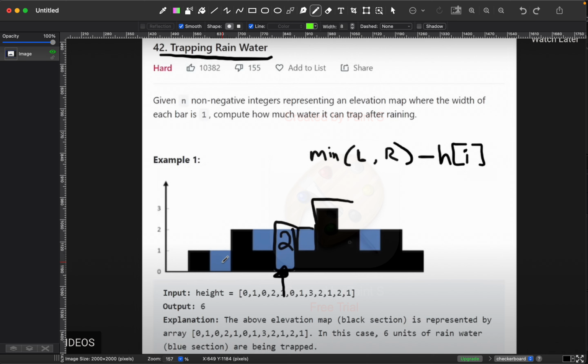For here is because this is smaller than this. For here, this is smaller than this, and it doesn't matter how big this is. As long as this thing is smaller than this, we're good.